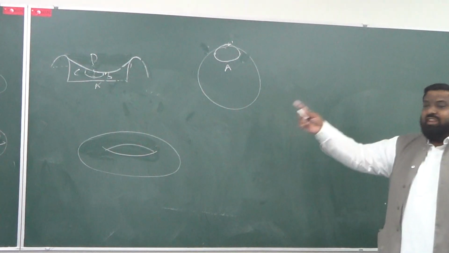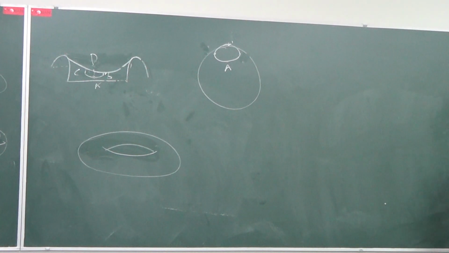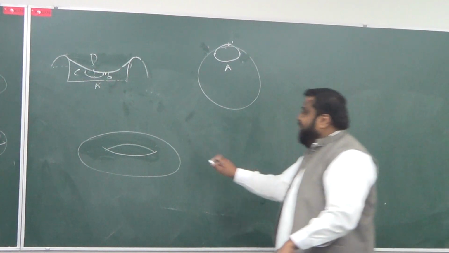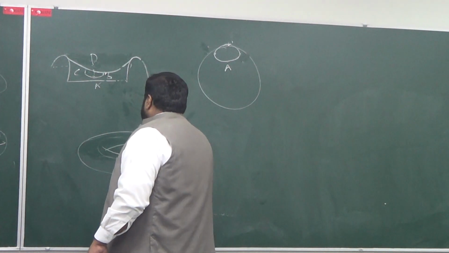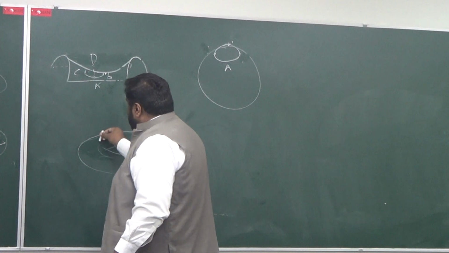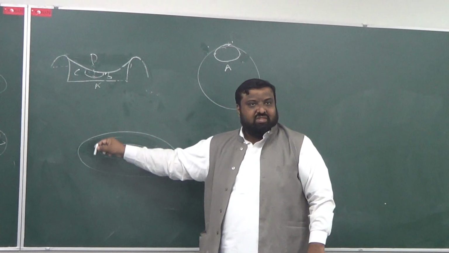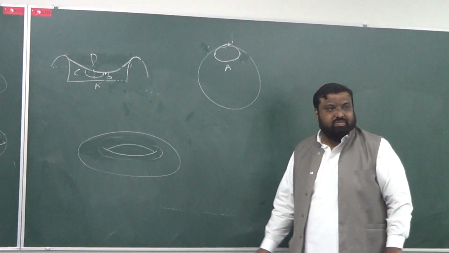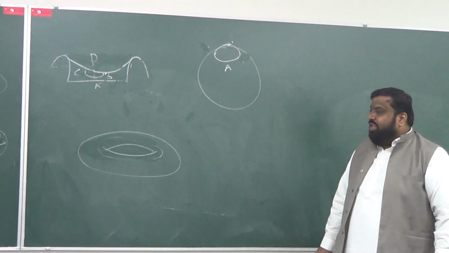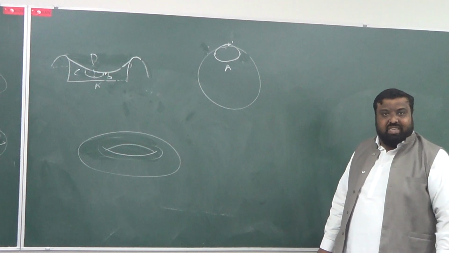So can you identify just by looking here which part doesn't have any curvature? If you take the top circle, there will be no change in the direction of the normals actually. Absolutely. So can you think of any other part than this?